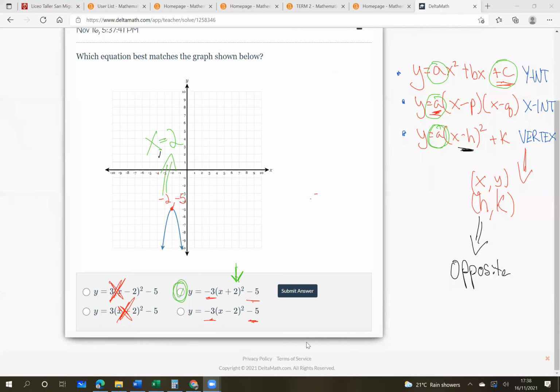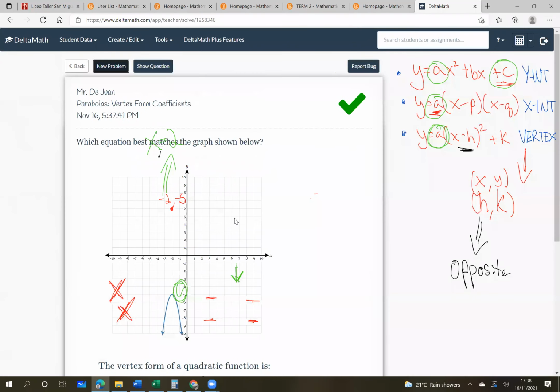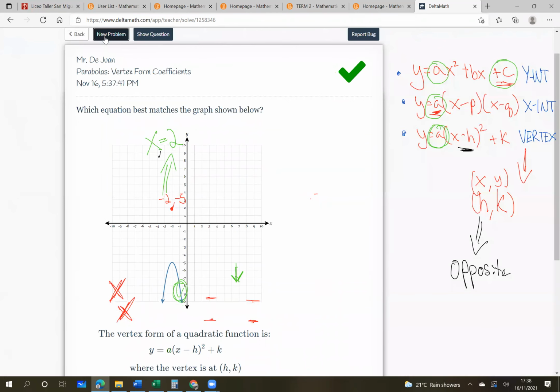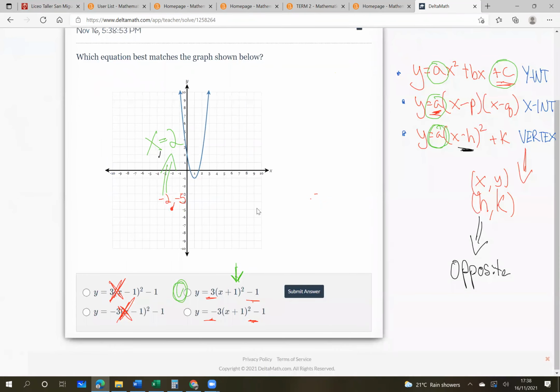This is really just coming down to seeing what you have and analyzing what you see in the equation.